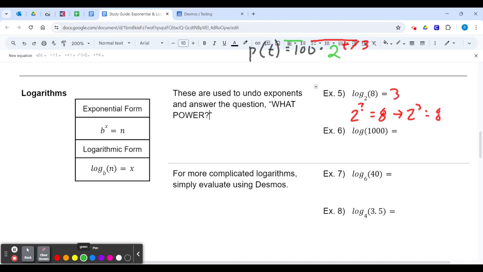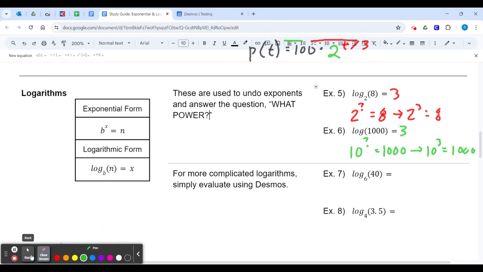Similarly, in example 6, when the log base isn't written, that tells us we have a base of 10. That's the common logarithm. If I have 10 to some power equals 1,000, that power that I need is 3. 10 to the third power equals 1,000. So in both cases here, our logs evaluated to 3.